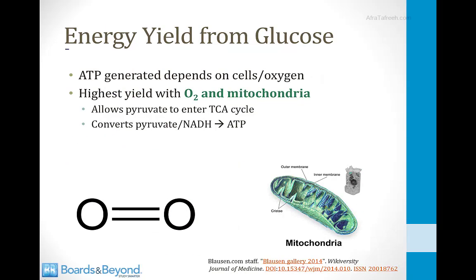Let's talk about how much energy a cell can derive from a molecule of glucose using glycolysis. The number of ATP that are generated depends on whether the cell has mitochondria and oxygen. The highest yield comes from cells that have both oxygen available and mitochondria. This allows pyruvate to enter the TCA cycle, and it converts pyruvate and NADH into more molecules of ATP.